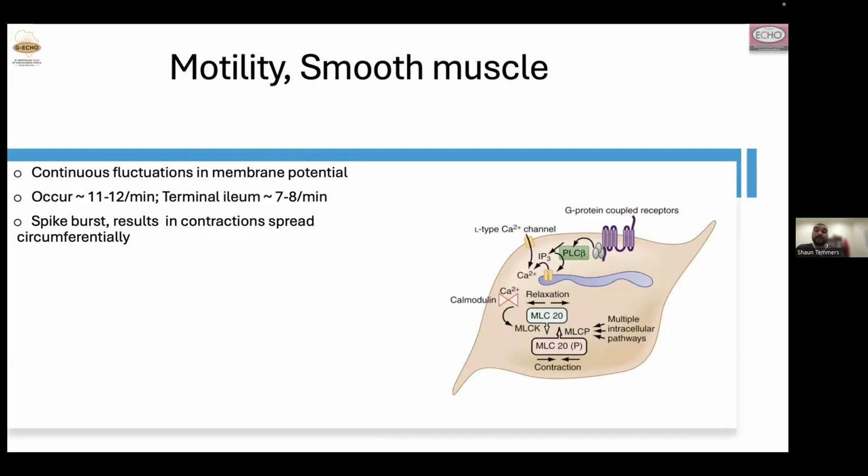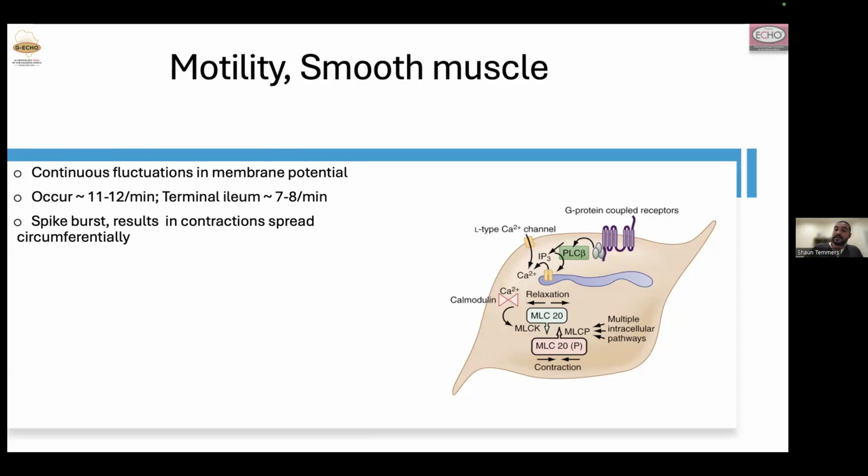Motility is aided by the presence of smooth muscles, and these circular smooth muscles have a very unique characteristic. Their contractions are driven by calcium influx, and the pool of calcium is found within the sarcoplasmic reticulum.